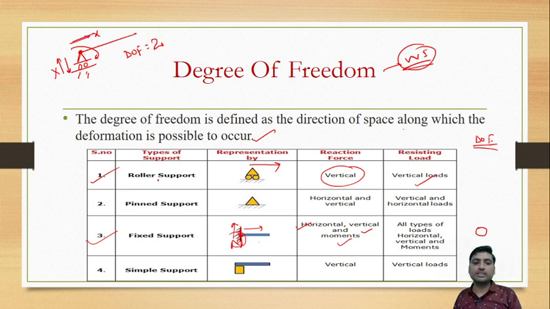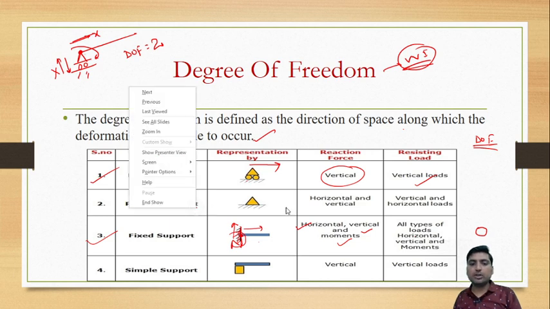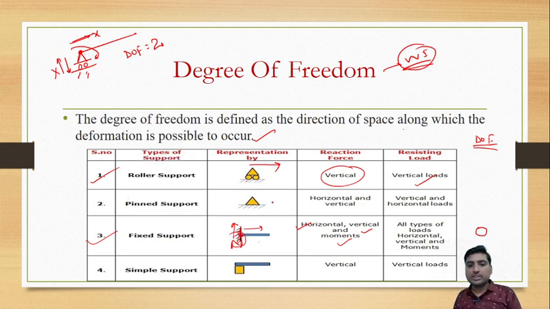so the degree of freedom is 2. Similarly, if a pin support is there, what will happen in this type of support? The movement in x direction and movement in y direction is restricted, only rotation is allowed, so the degree of freedom will be 1 here, here it is 2.